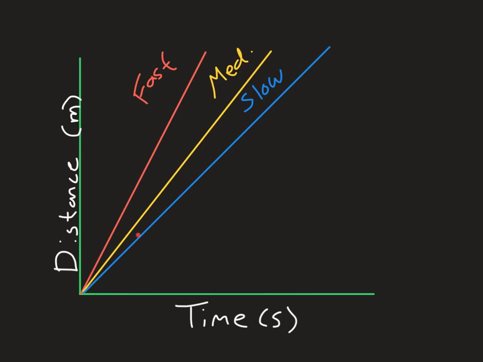what it is about this graph that tells us that the object is traveling in uniform motion, all right? So you'll see on page 6 of your notes, there's a question that says, what property of the shape of the line, the shape that these lines make, tells us that they're traveling in uniform motion? And hopefully what you guys notice is that every single one of these lines is straight, all right?